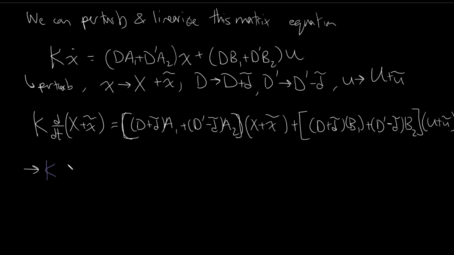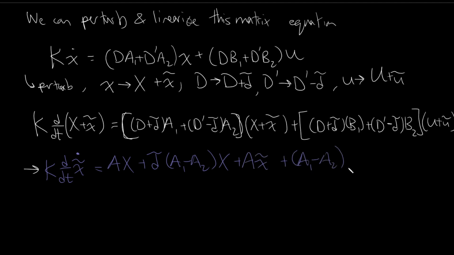We're going to get k d by dt of the small signal component, and that's going to be equal to a times big X plus little d times a1 minus a2 times big X plus a times little x plus a1 minus a2, two little components, right?